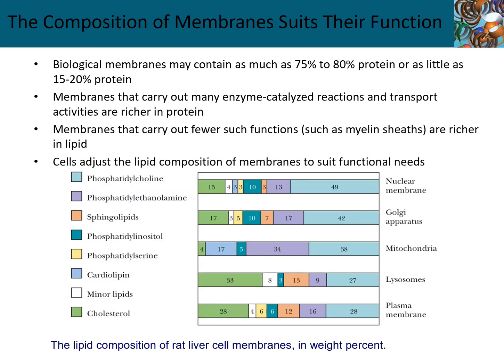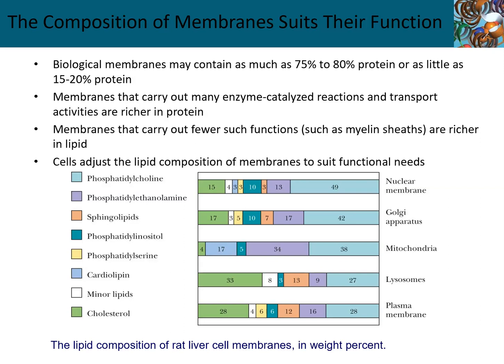One of the ways you can think of it when you have something that's 80% protein is that there's just enough membrane to glue the proteins together in these multi-protein constructs where you have one protein after another that are sequenced spatially so that a substrate can go from one protein, and that product can then become the substrate to a second protein, and then that product can become the substrate for a third protein in a very efficient sequence of chemical reactions that are facilitated spatially by the membrane.